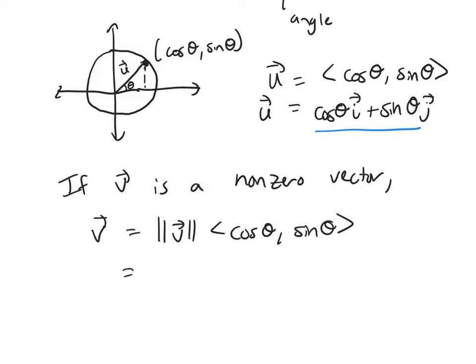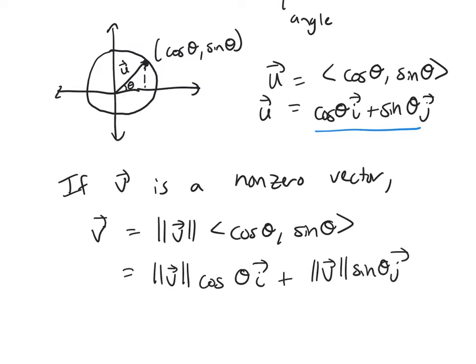Or again, if you want to work with this in standard unit vectors, it's the length of v cosine theta i plus the length of v sine theta j. So there's another way you could view your vector.